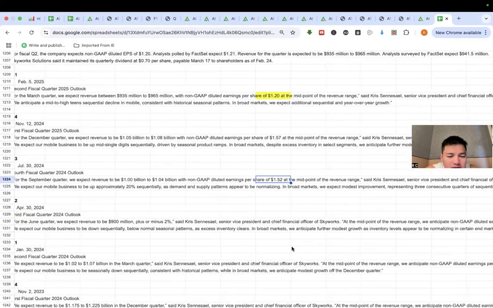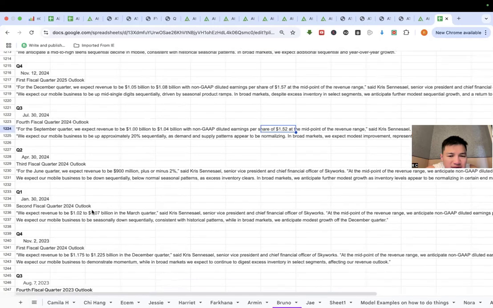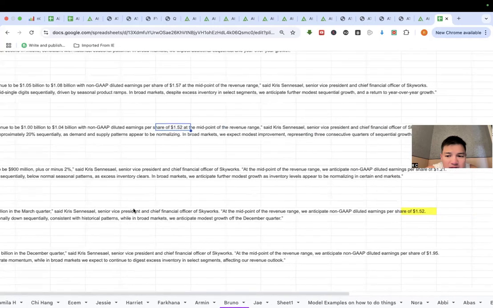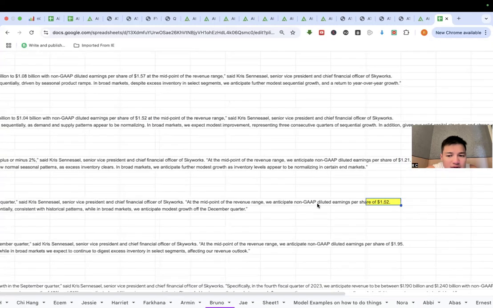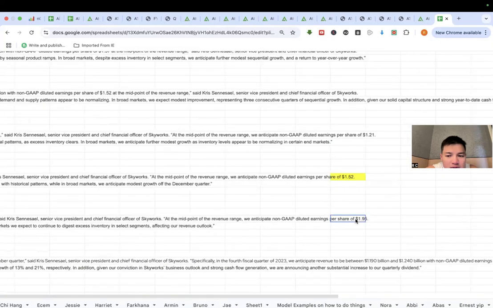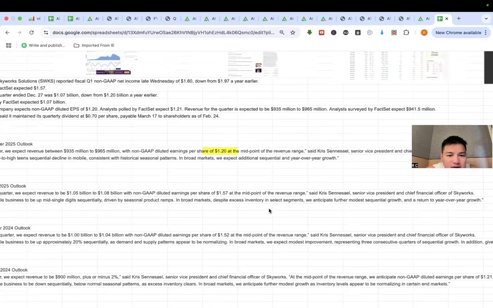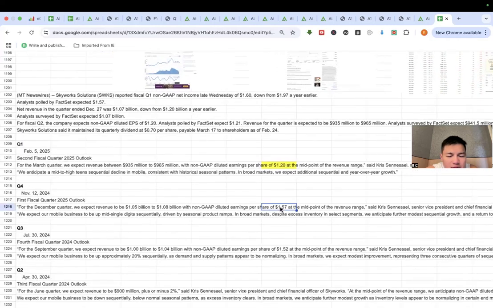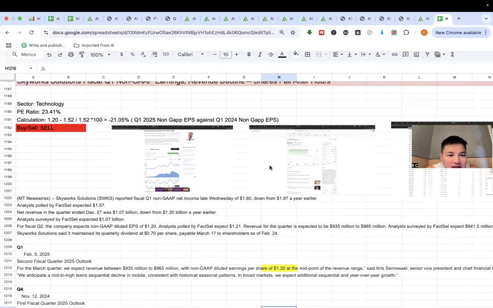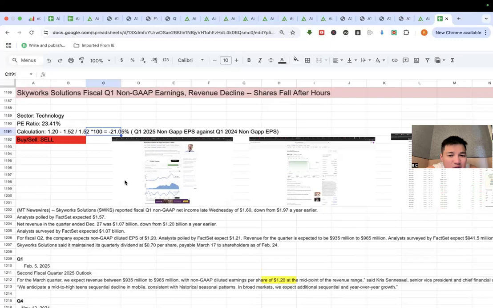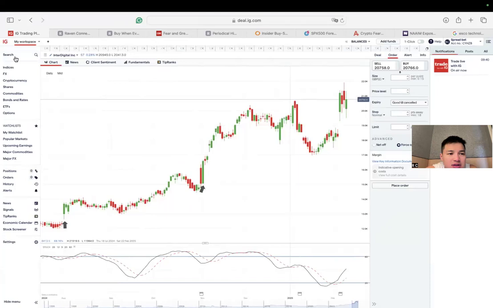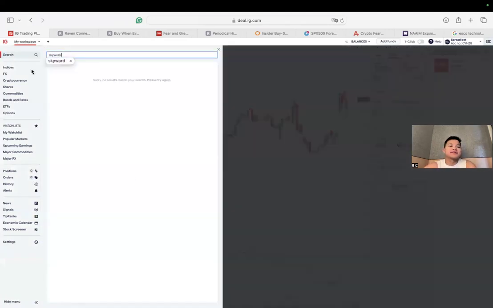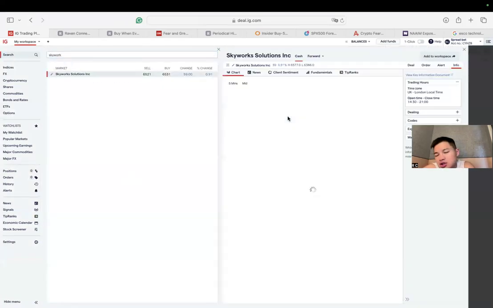And then last time is 1.21, 1.52, and then 1.95. So 1.57, 1.2. So you've got to see last time when it decreased around 20%, what happened to the stock price. Skyworks. Again, you have to go back and do some calculation on it.